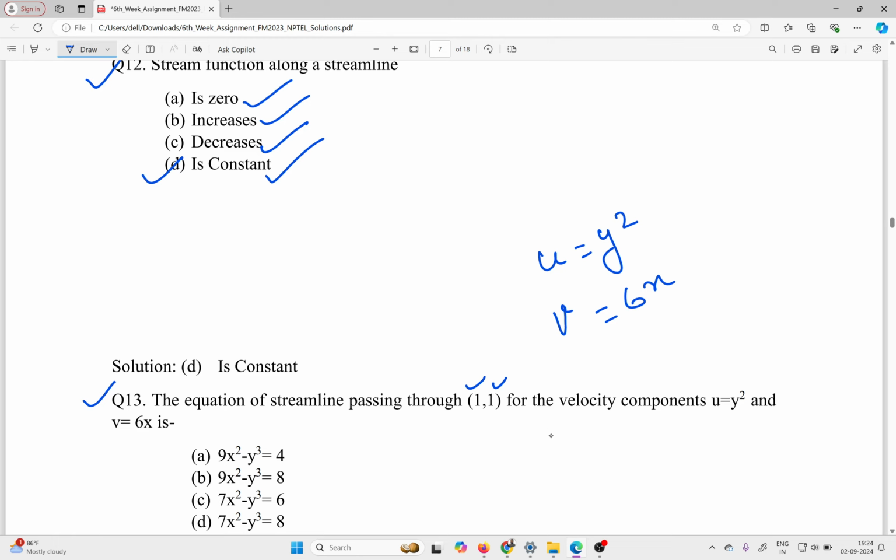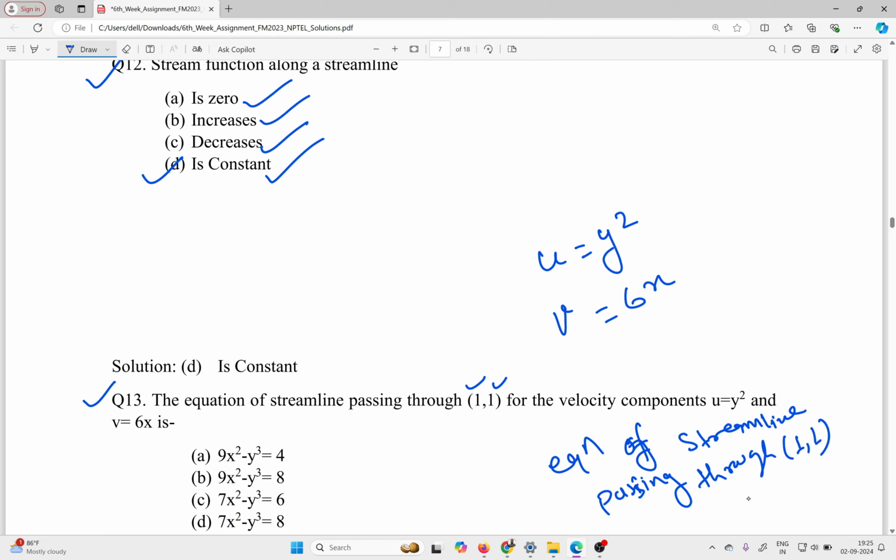So you need to calculate the equation of the streamline passing through 1 comma 1, meaning x is equal to 1 and y is equal to 1. So please try to calculate your equation of streamline.